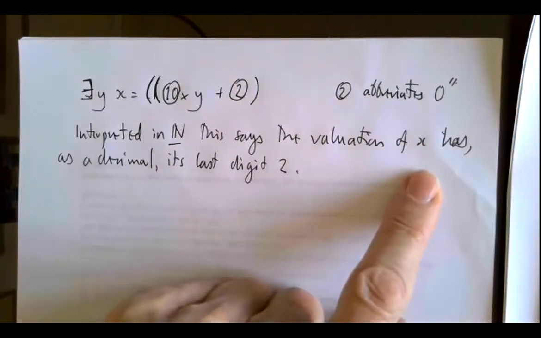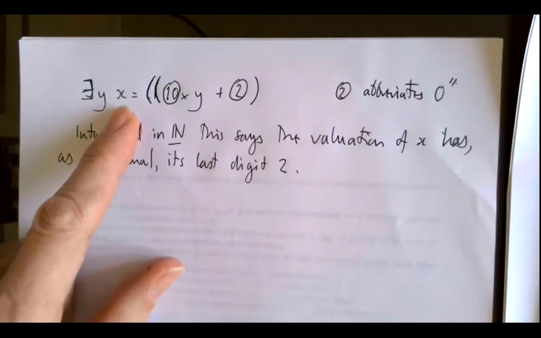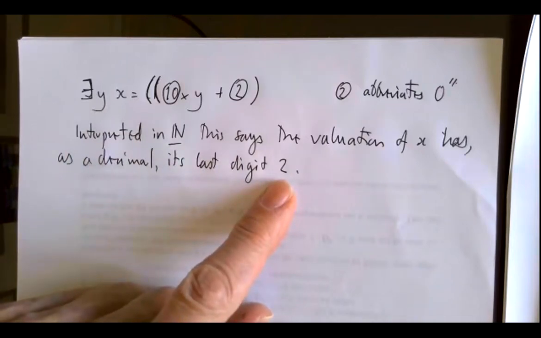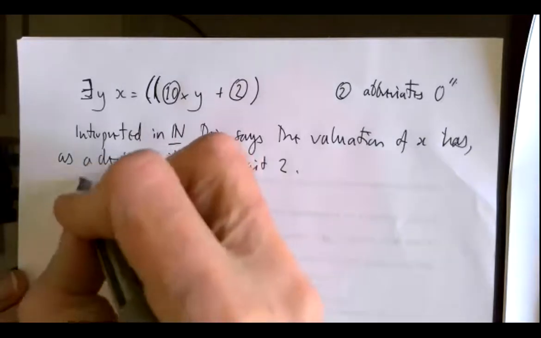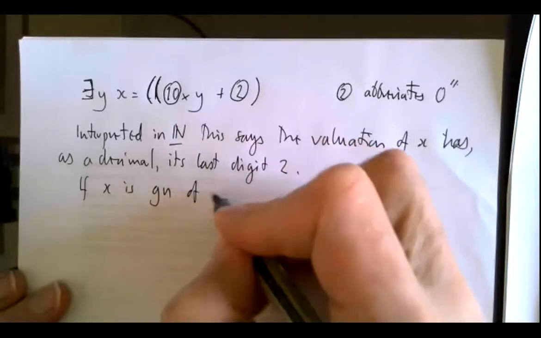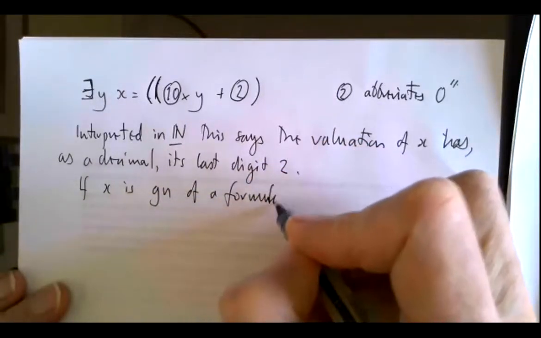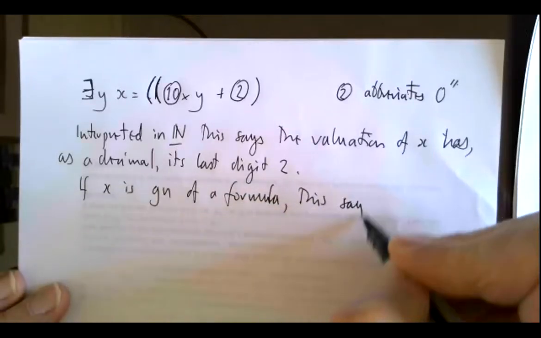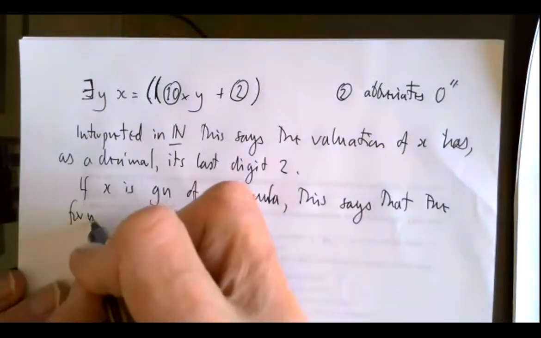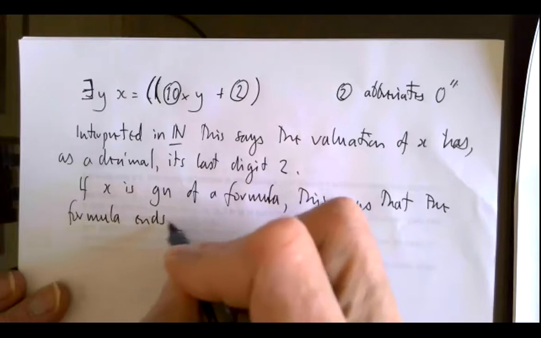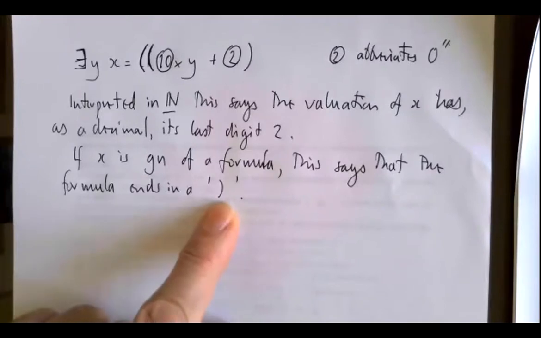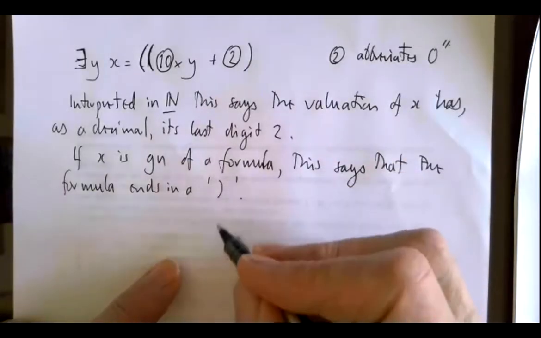If x happened to be a Gödel number of a formula, then having last digit a 2, if you look back at the coding, means the formula ends in a right-hand bracket. It says the formula ends in a bracket, because we agreed to code up brackets by the number 2.